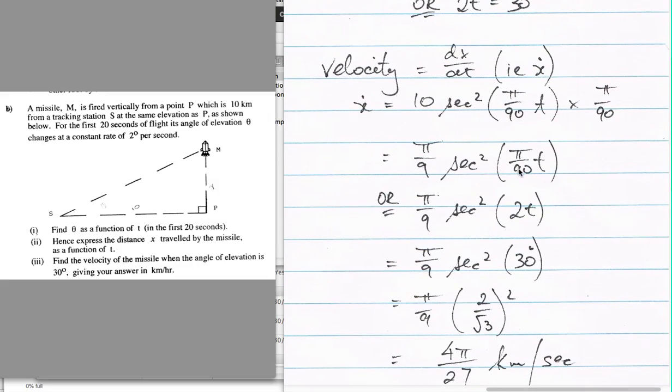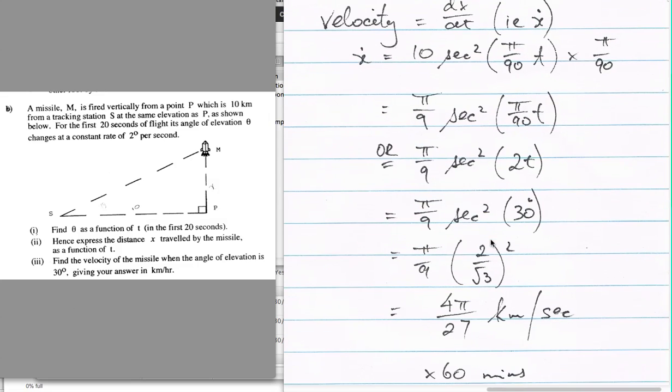Sec squared, with respect to degrees, comes back to 2t, because I have to evaluate sec squared. I can't do that with respect to radians. I have to do it with respect to degrees. Now cos of 30 degrees is root 3 on 2, so sec is 2 on root 3, and sec squared gives me this number here.